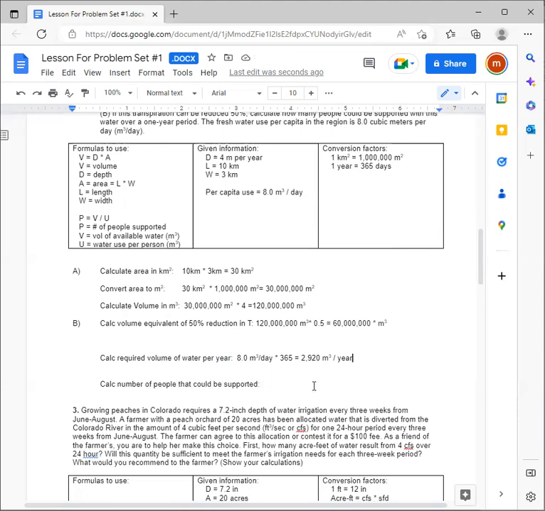So what we want to do is we're going to take this number. So if we're able to stop the trees from using this much water, how many people could we support? So we're going to divide that by the annual water use for each person. I'll give you a second to calculate that out.